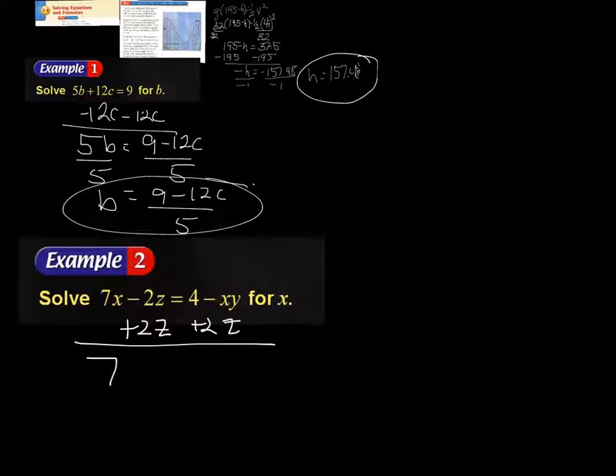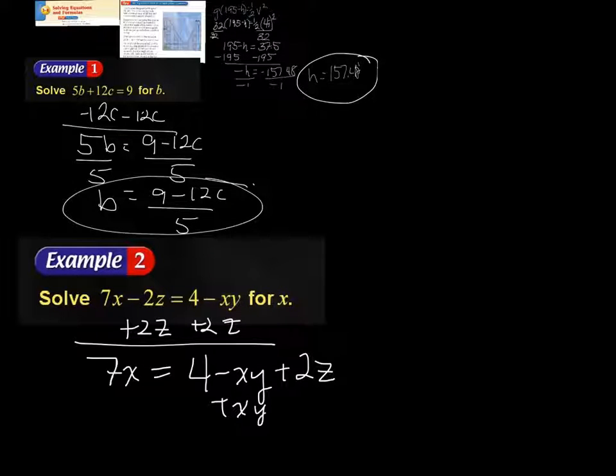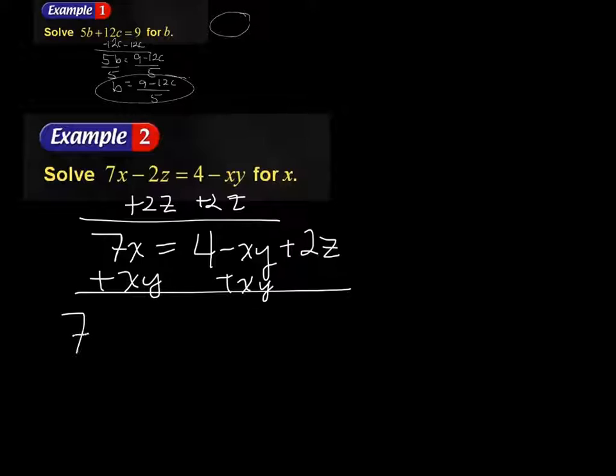So now I have 7x equals 4 minus xy plus 2z. They're not like terms, I can't combine them. So now I'm going to add xy to both sides of the equation to get all the x's together. Again, we don't have like terms, so I have 7x plus xy equals 4 plus 2z.